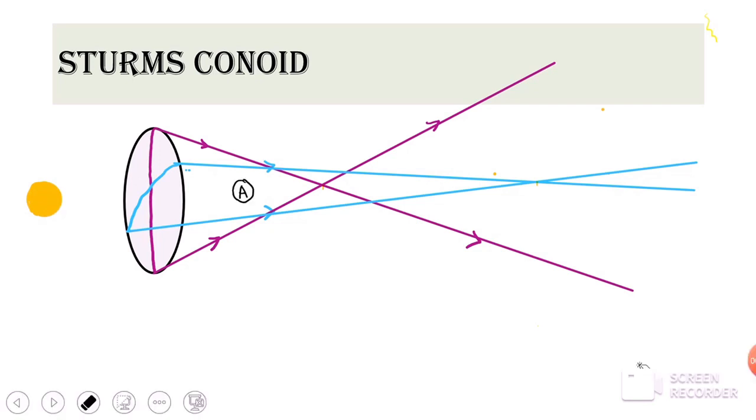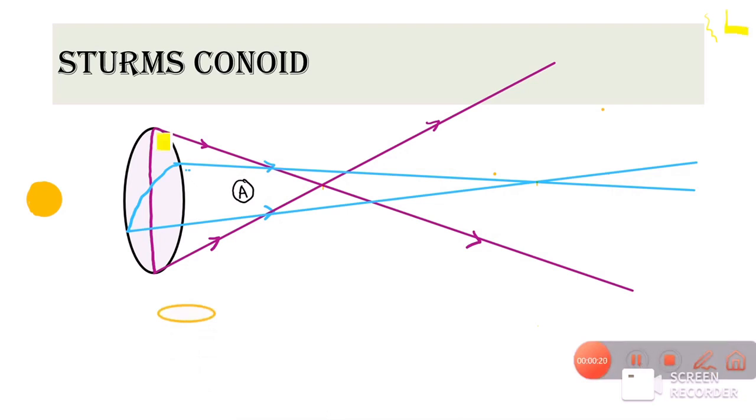Now let us imagine that we are standing behind this toric surface at a point A. So what will be the shape of that point source of light that we have projected into this toric surface? The shape will actually be an oblate ellipse. And why is that so? At this point A, the vertical rays are more converging compared to the horizontal rays, right?